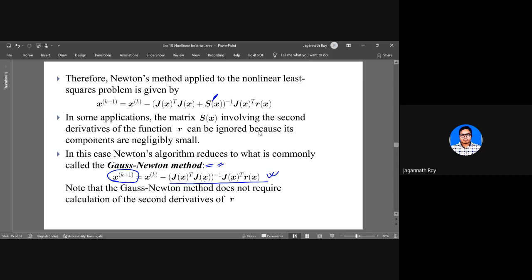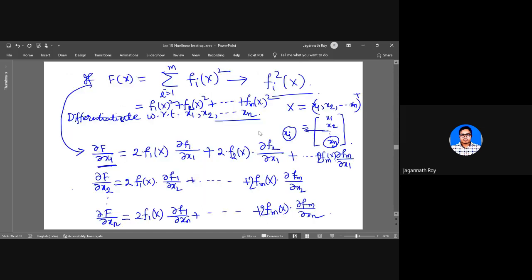In fact, these second order coefficients will be very, very close to 0. That is why we can neglect them, and this can be used to find out the optimal solution, the minimum value. Okay.